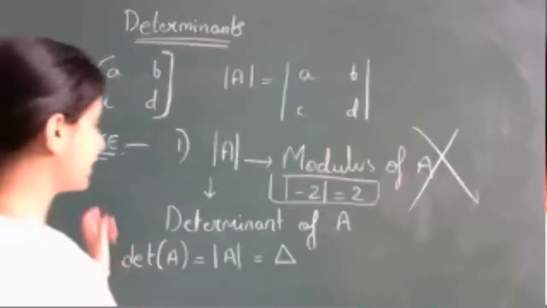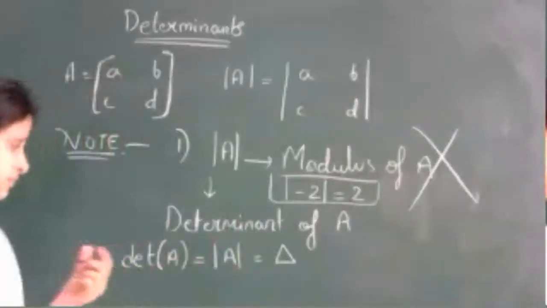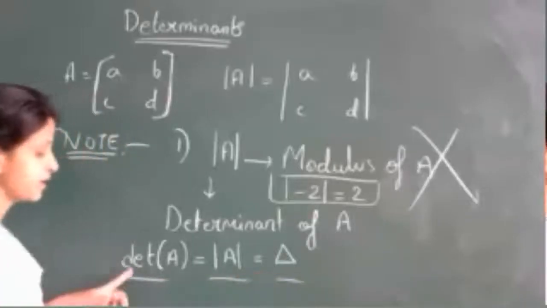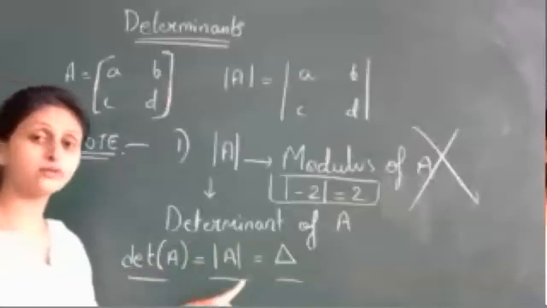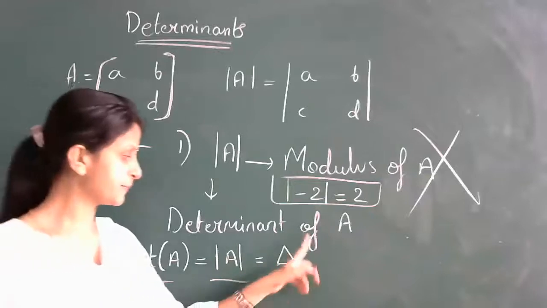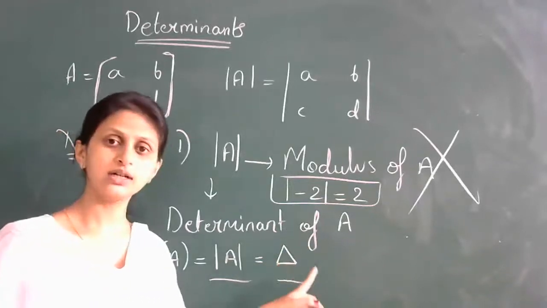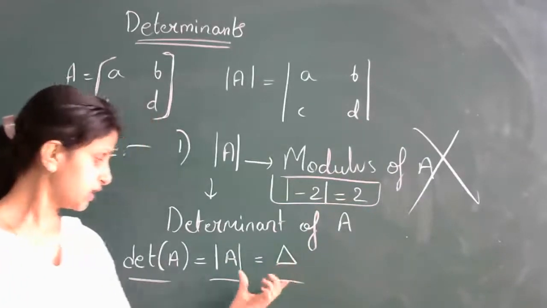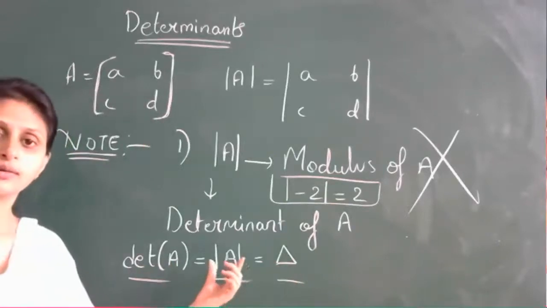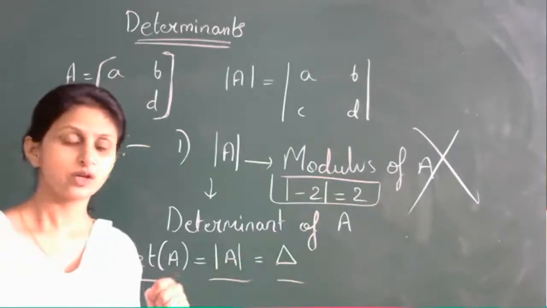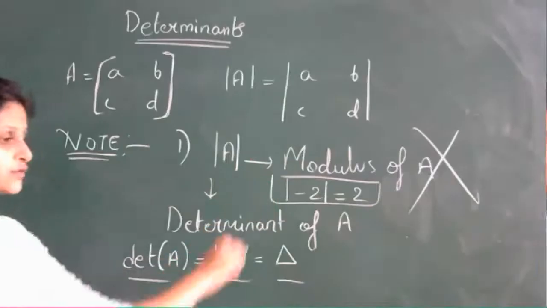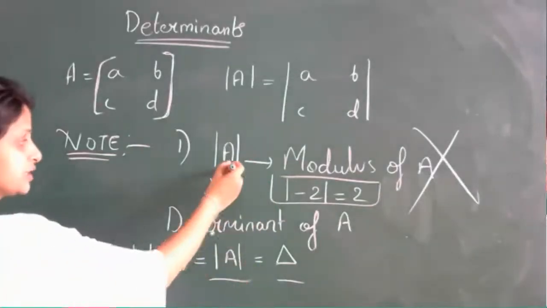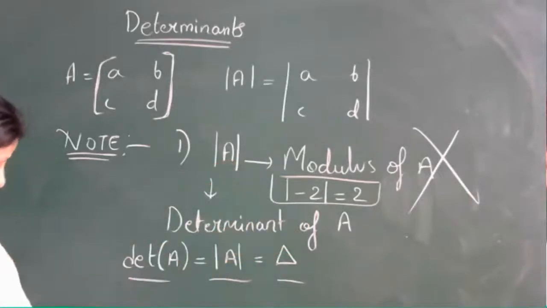So we can denote determinant in these three ways: writing determinant of matrix A, or writing it between two straight lines, or simply a single triangle. So this is the first important note. Do not confuse it with modulus of the set A. Okay? So this is determinant of matrix A.